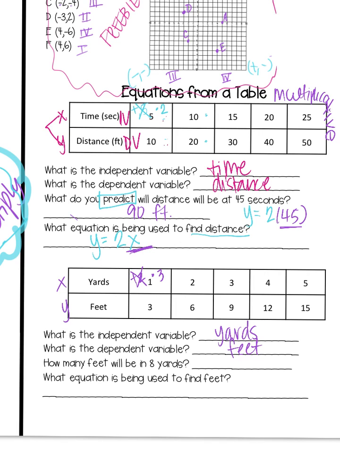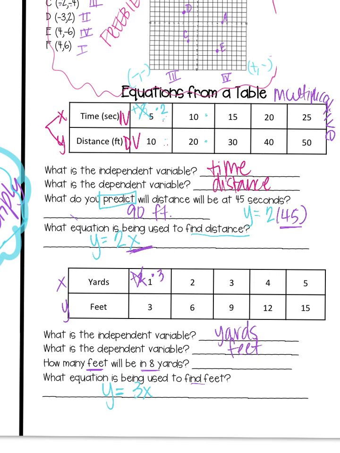So how many feet will be in 8 yards? Oh, this one is asking it backwards. Okay, what equation is being used to find feet? Let's write the equation. I like to figure out the equation first. So y equals what? 3x. How many feet will, oh no, this one isn't backwards.